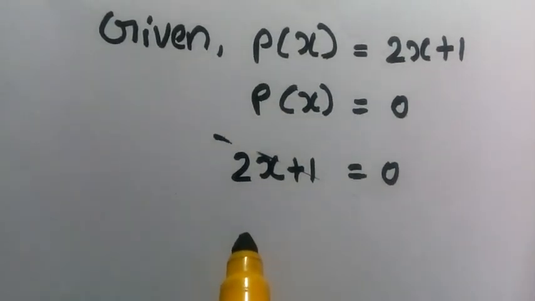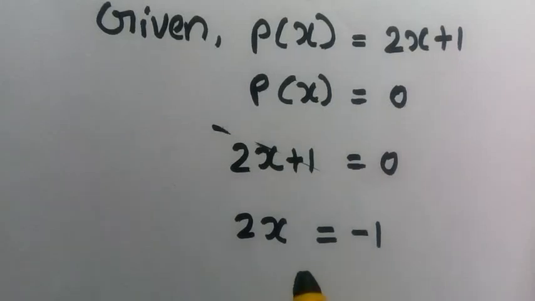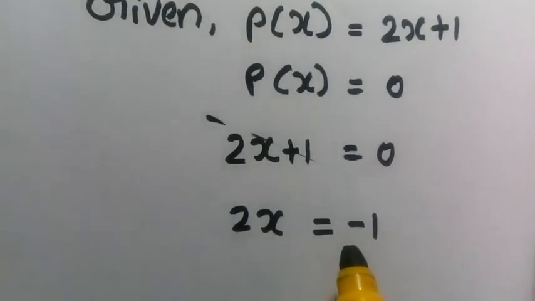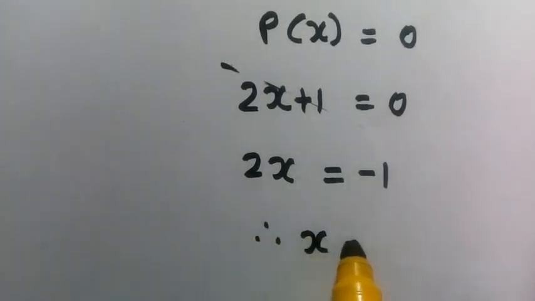So the next step is 2x is equal to plus 1 will go to the opposite side of the equal to sign. That time it will become minus 1. Okay. 2x is equal to minus 1. Therefore, x is equal to minus 1 by 2.